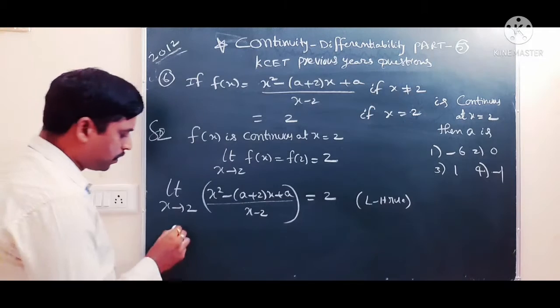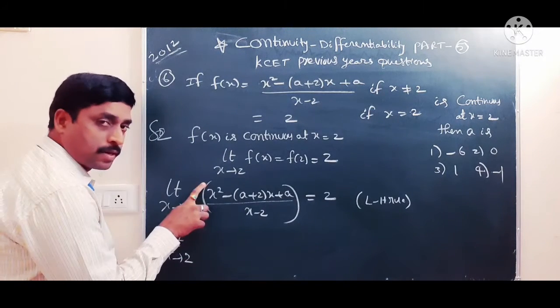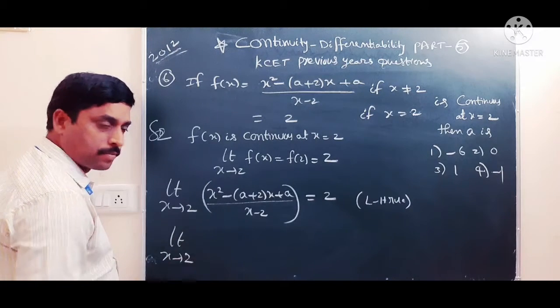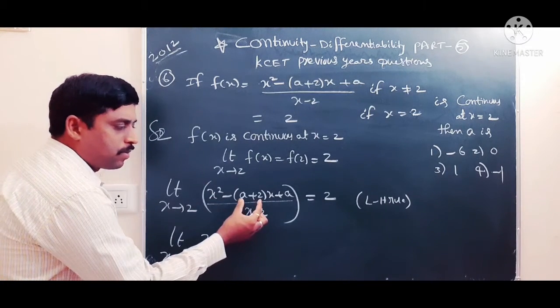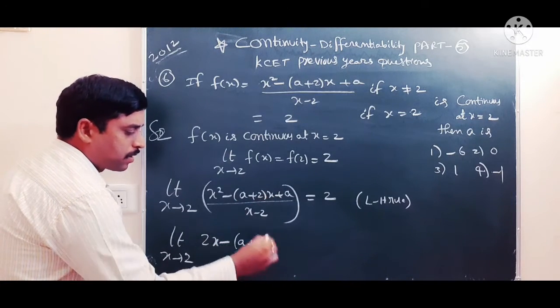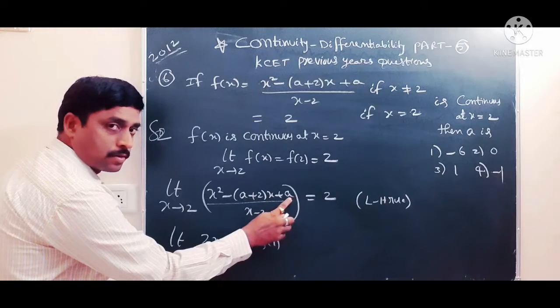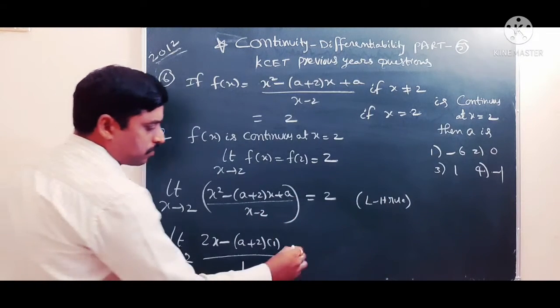So what is L'Hopital rule? We should apply derivative on numerator as well as denominator at the same time. Derivative of x square 2x, derivative of (a plus 2) into x, a plus 2 constant, derivative of x 1, constant derivative 0, by denominator x minus 2 derivative 1, this will be 2.